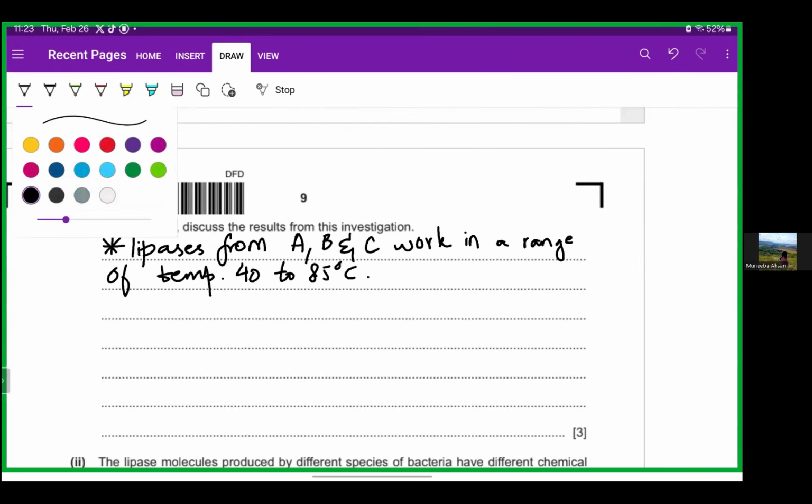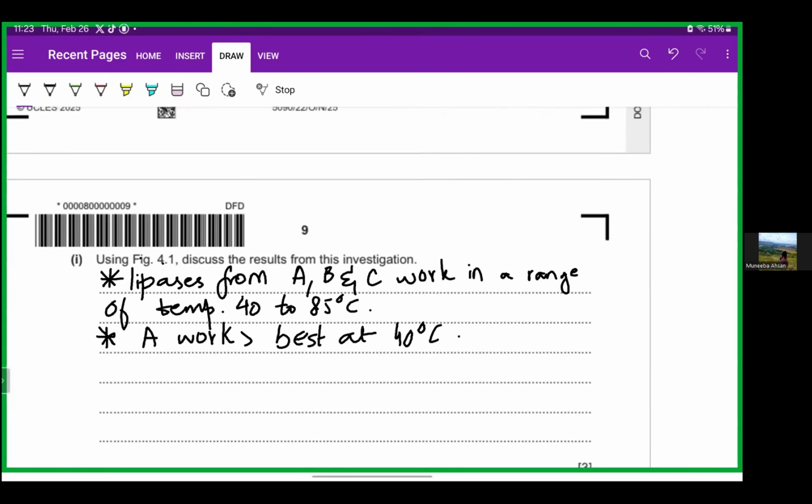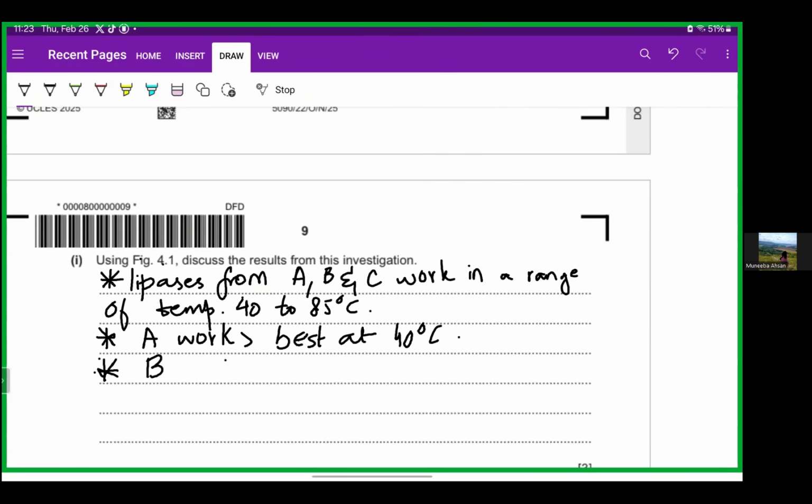The second point is that A works best at 40 degrees, or you can say the optimum temperature of A is 40. Similarly, B works best at what degrees? It was 60. Okay.